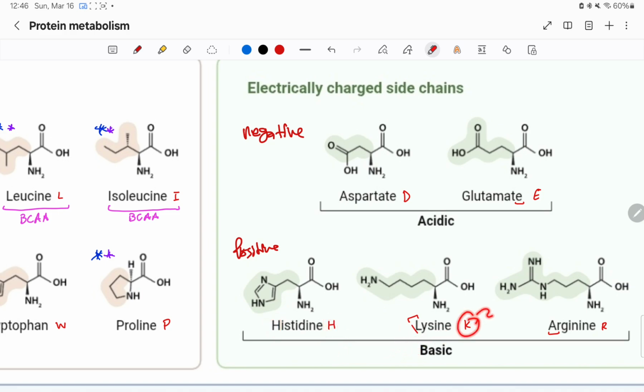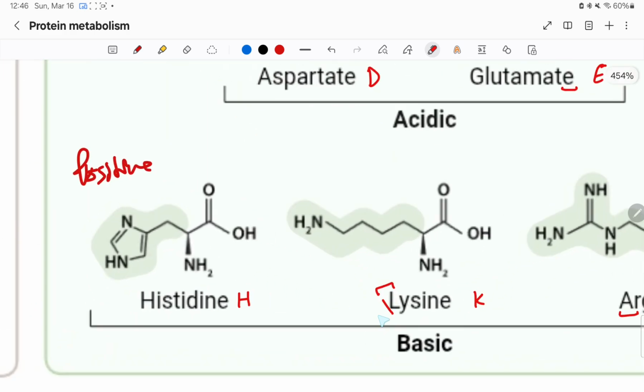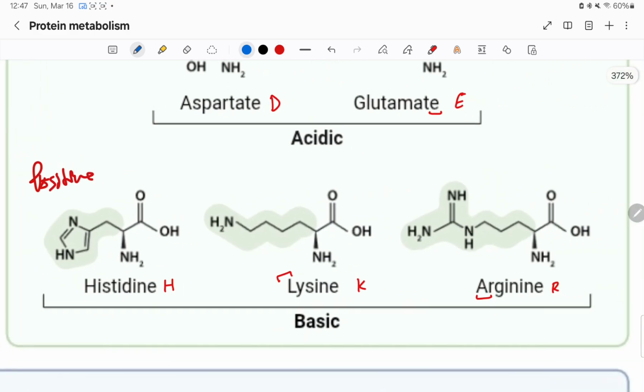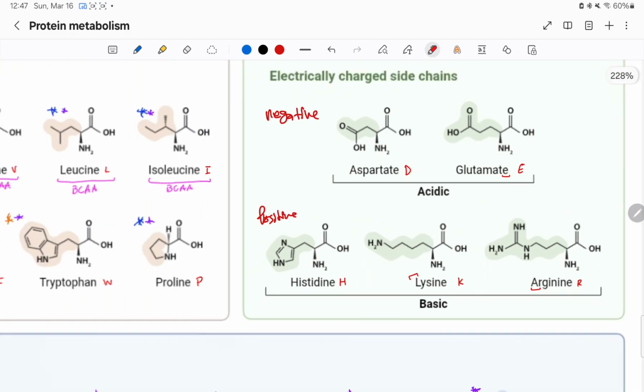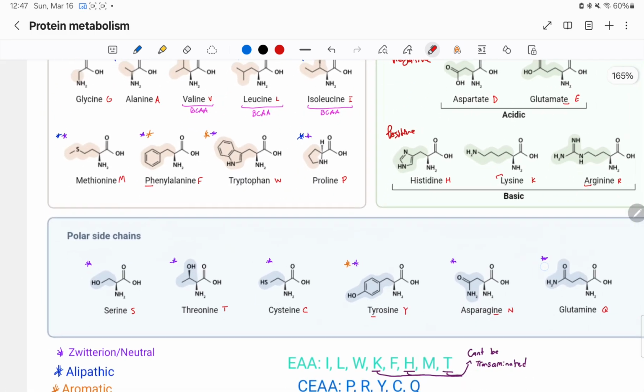Lysine is a K. Now, this is how I like to remember lysine, okay? If you draw a line right here, it looks like a K, okay? So that's how I remember lysine as a K. And then arginine. This one, again, kind of a fun one. This sound right here, R, that's how you know it's an arginine, okay? So it makes a R sound.